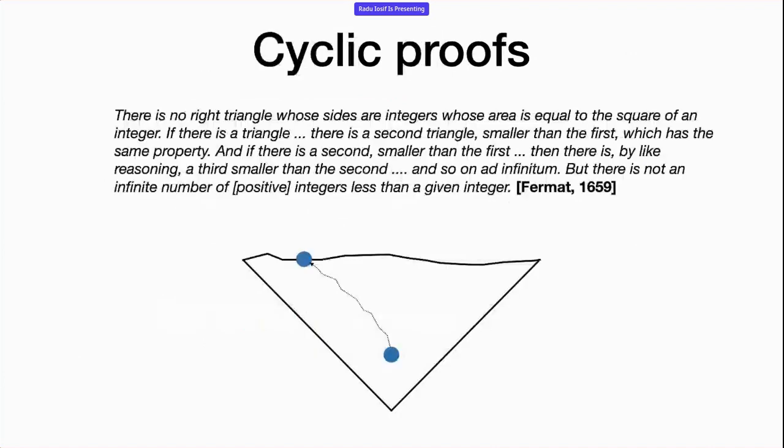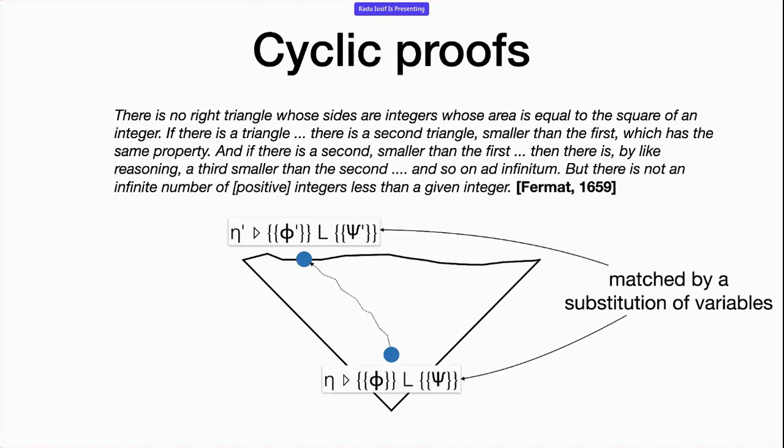And then we prove those Havoc triples by using inductive cyclic proofs. These are proofs in which the proof tree is generated by applying rules. And at the bottom of the tree, at the leaf of the tree, either we have an axiom or we have a Havoc triple that is matched with a previous one by a substitution of variables. In this case, we add a backlink.